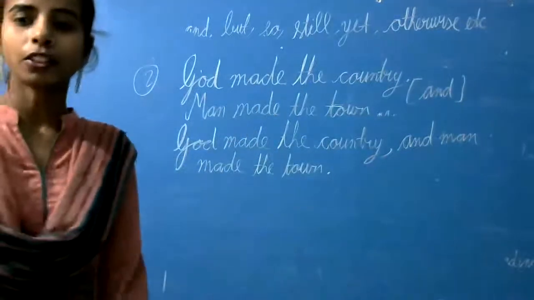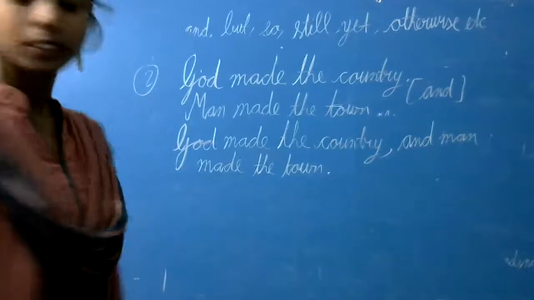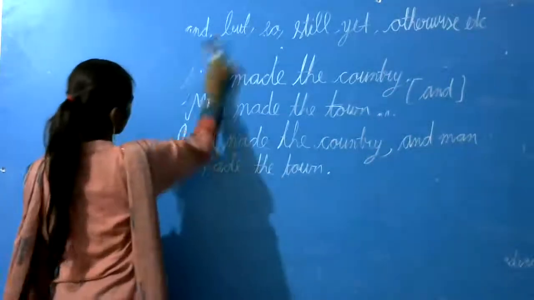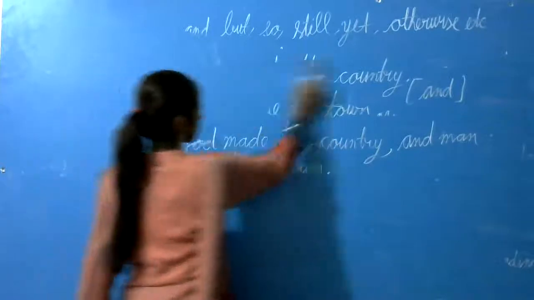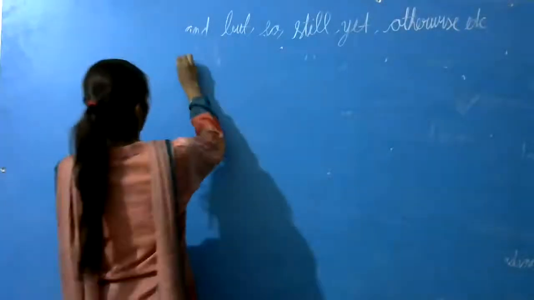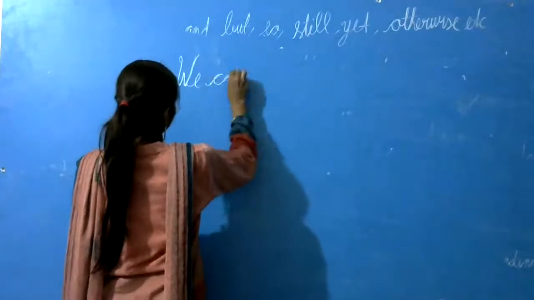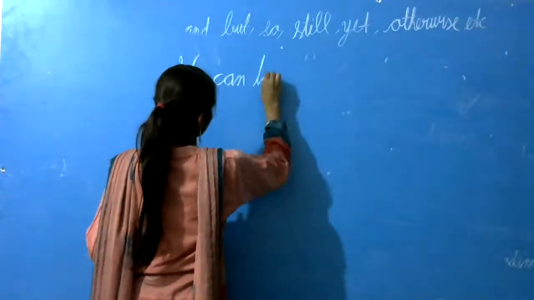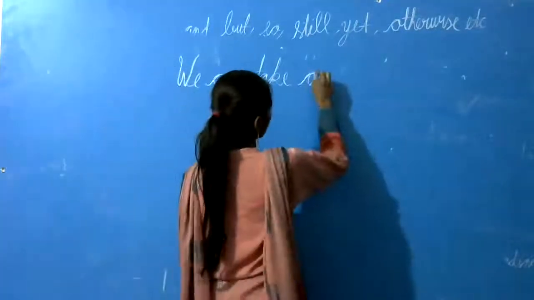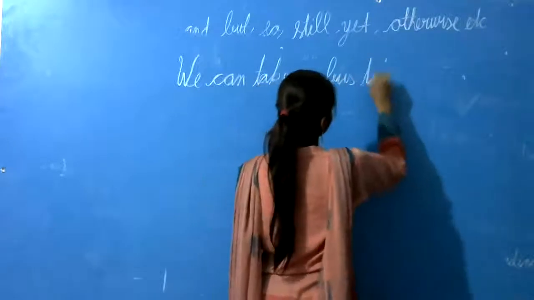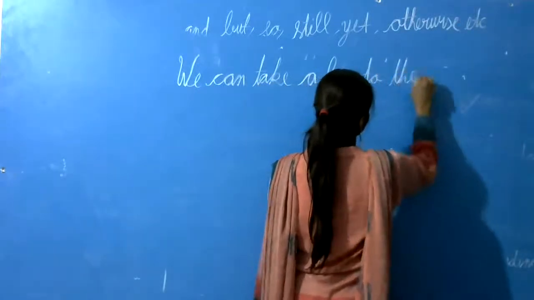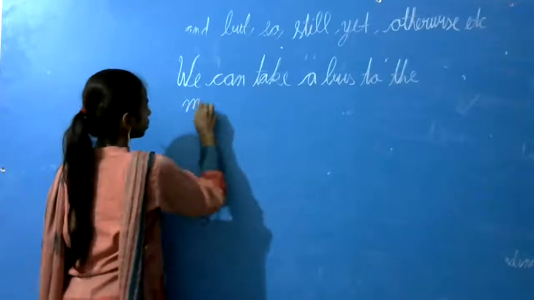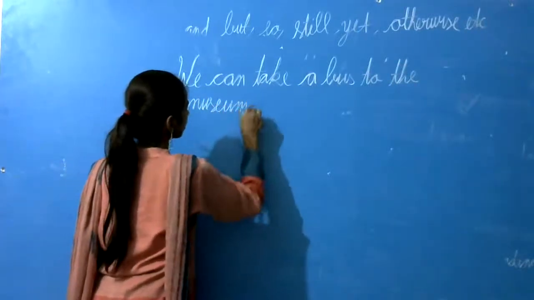So everyone understood what a compound sentence is? One more example I am giving you, then I will tell you about complex. We can take a bus to the museum.